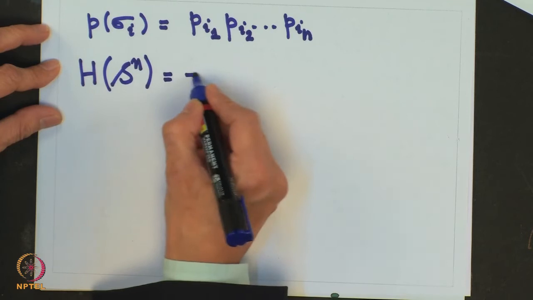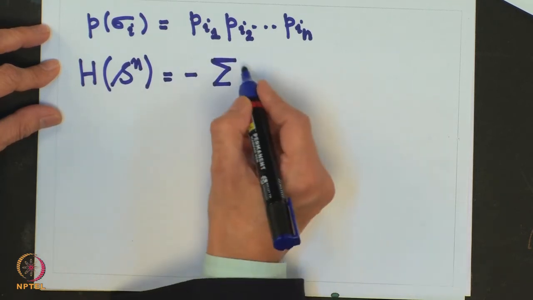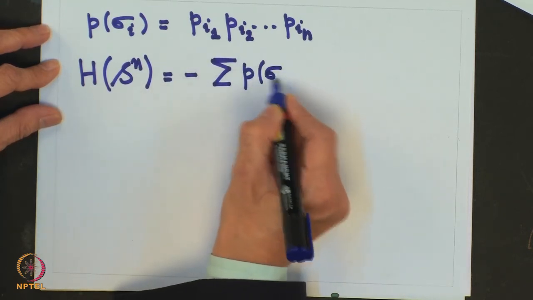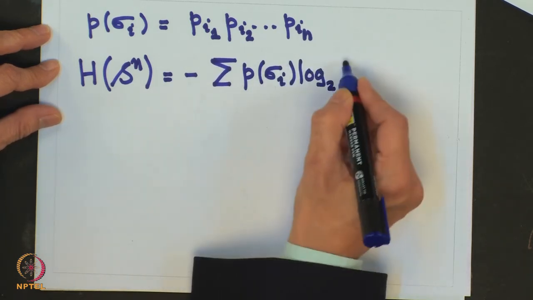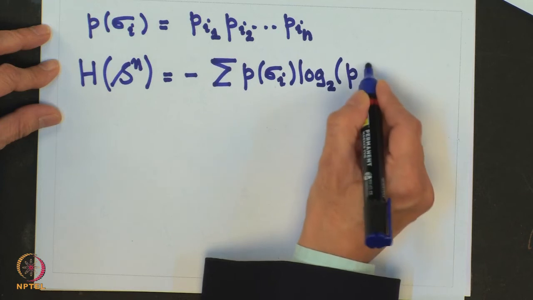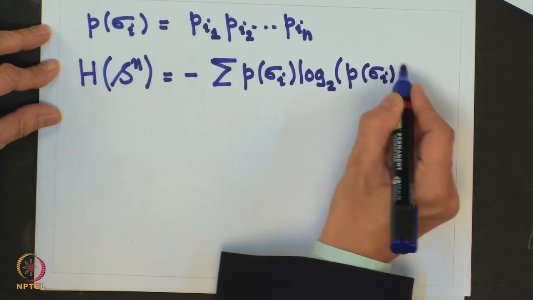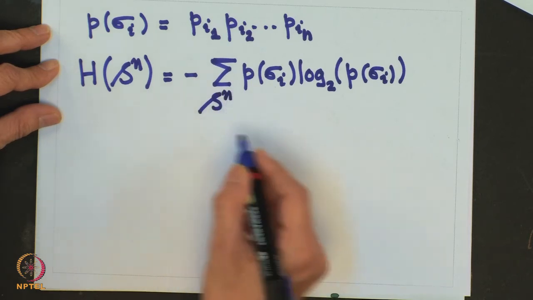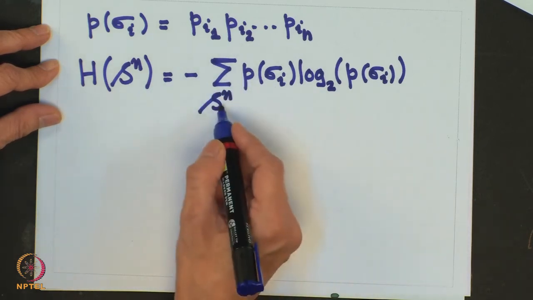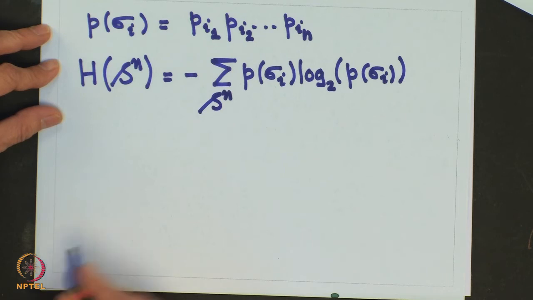That would be equal to minus summation p(sigma i) log to the base 2 of p(sigma i), and this should be a sum over all the symbols from the extended source.